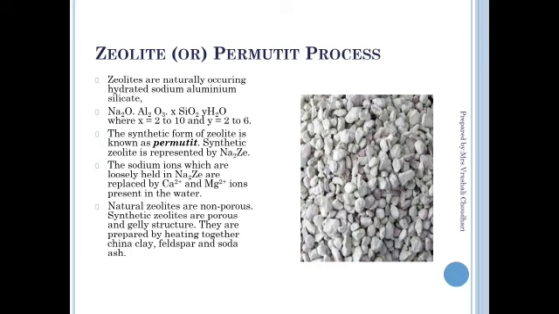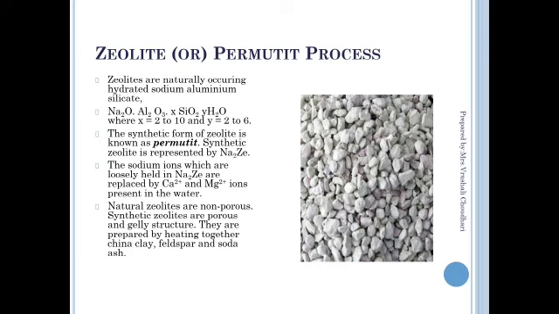It is represented as Na2Ze or Na2P, that is the sodium zeolite or the sodium permutit. The sodium ions which are loosely held in the Na2Ze are going to replace the hardness causing calcium and magnesium ions which are present in the water.